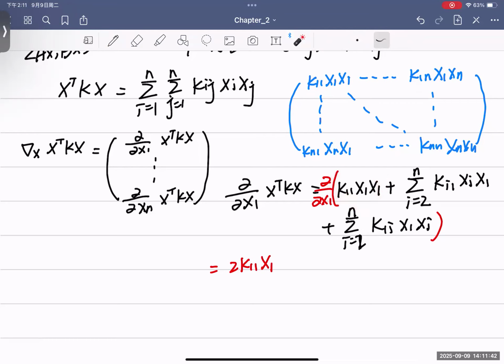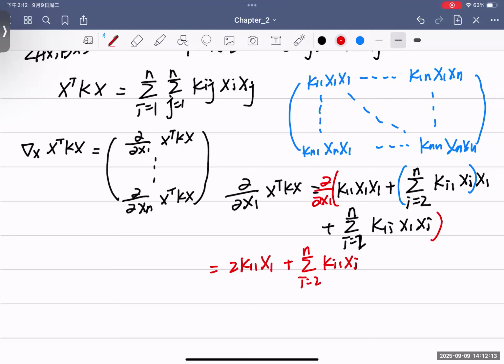For the second part, x1 is the common element, so when we take the derivative we obtain the sum over i from 2 to n of ki1 xi.